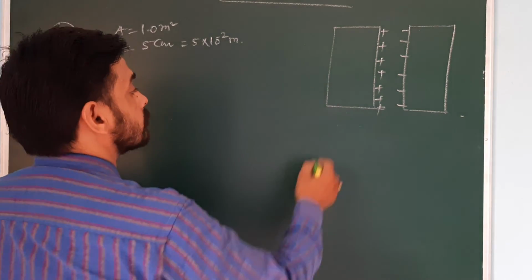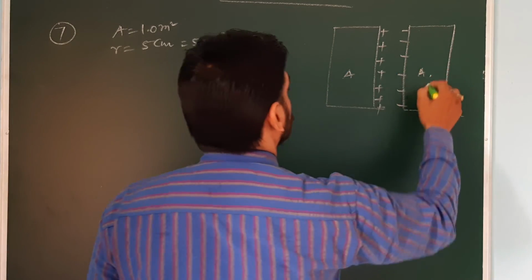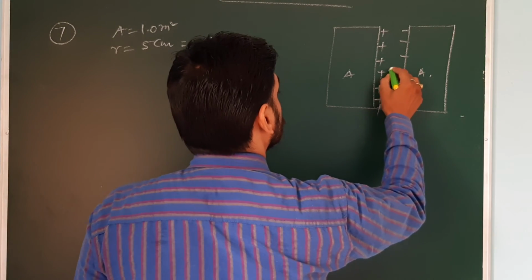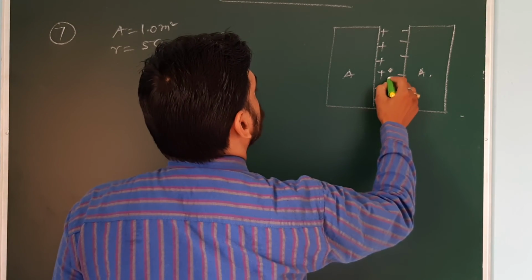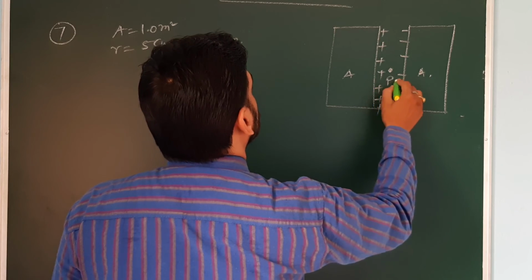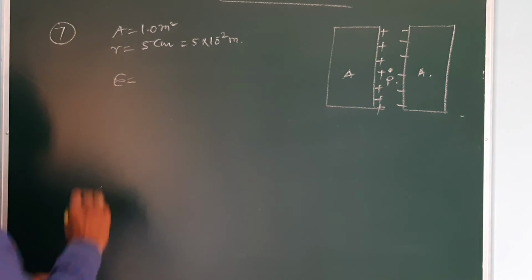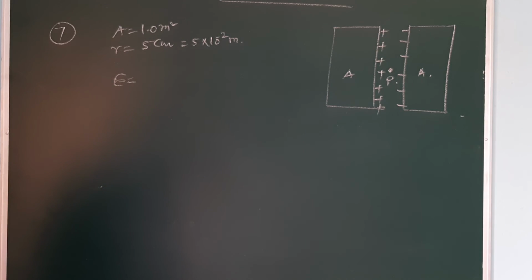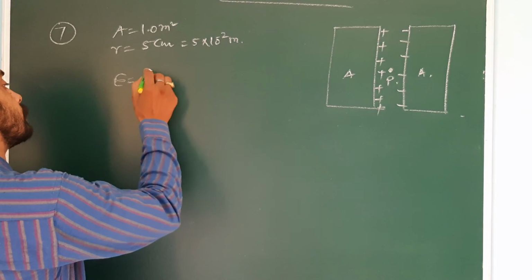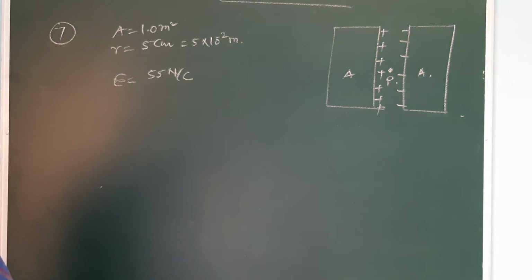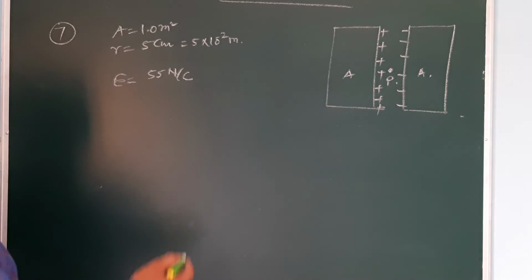If the electric field between the plates, ignoring edge effects, at this point P, is 55 newton per coulomb, what is asked? Find the charge on the plate.